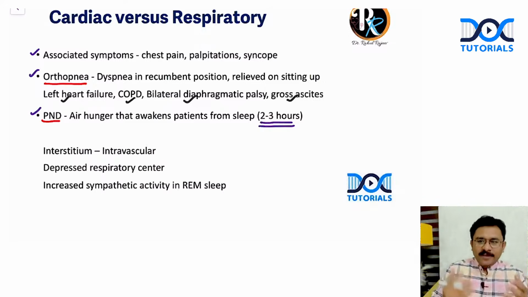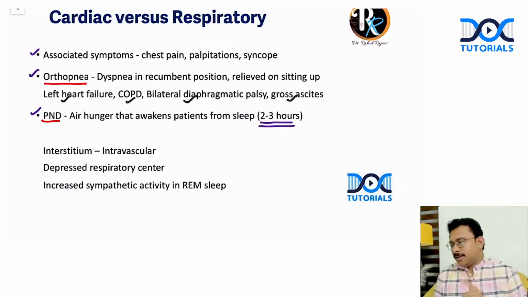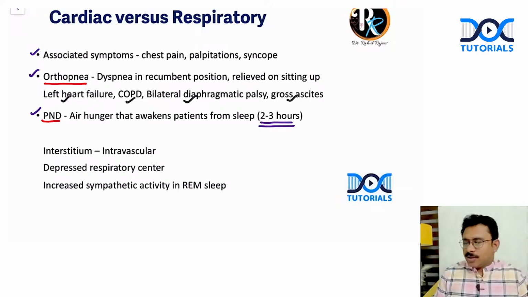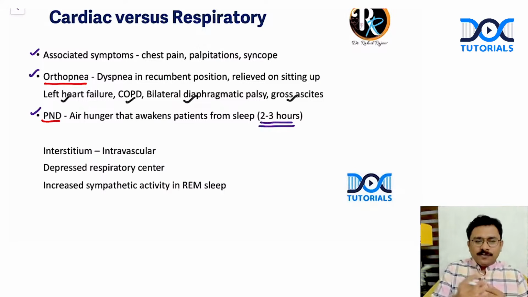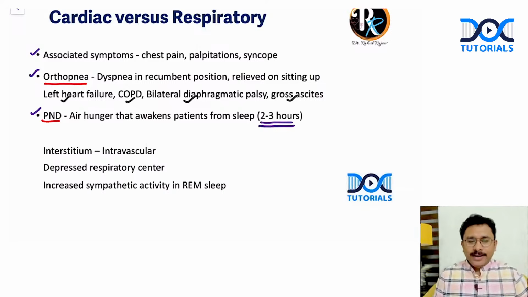And especially if the heart is compromised. Orthopnea occurs when there is a severely compromised heart which is not able to accept the increase in the venous return. So I can see paroxysmal nocturnal dyspnea is the answer to the question that I just asked a while back. It appears first, whereas orthopnea occurs in more advanced cases and indicates a more severe case of left heart failure. Okay, right.